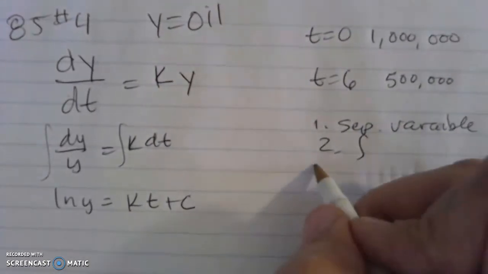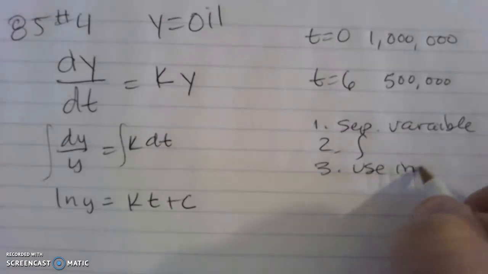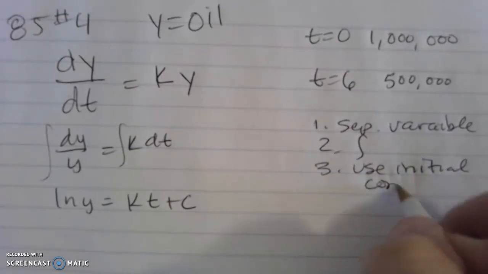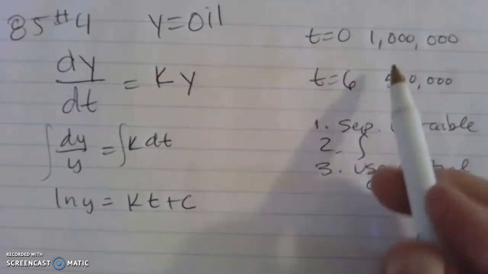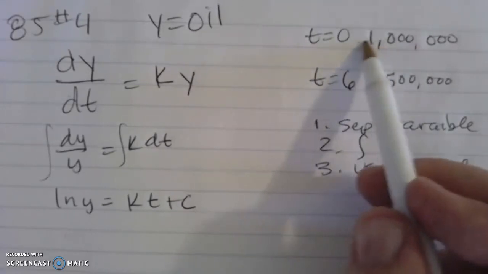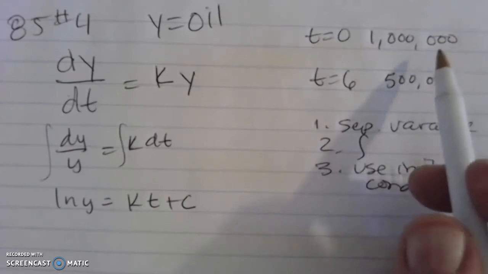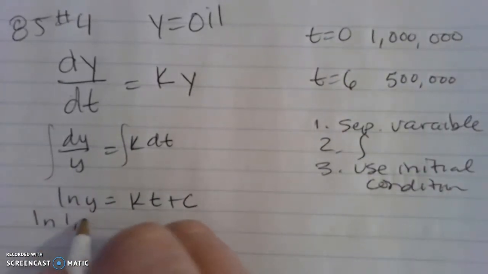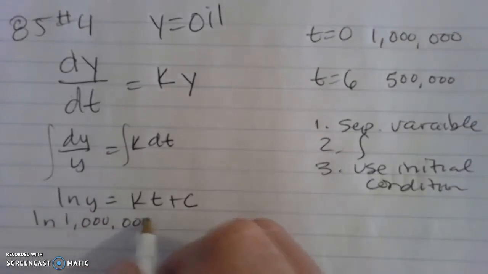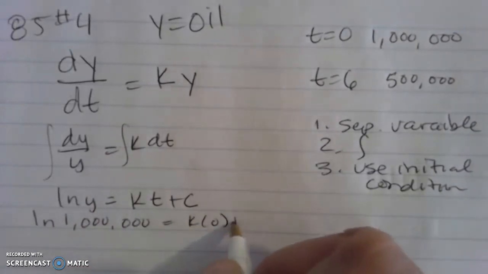So now I'm going to use the initial condition. I know that at time 0, my y equals 1 million. So we get ln 1 million equals k times 0 plus c.